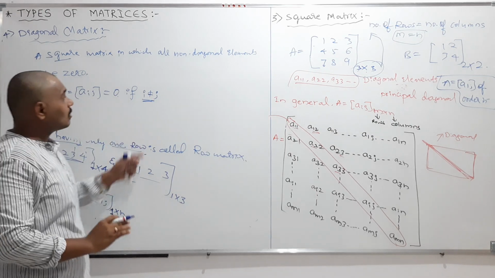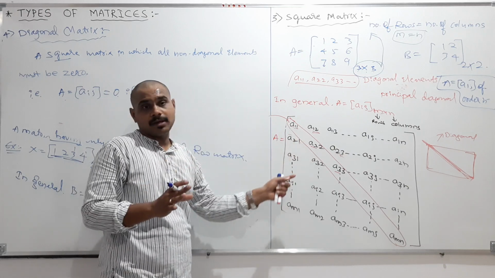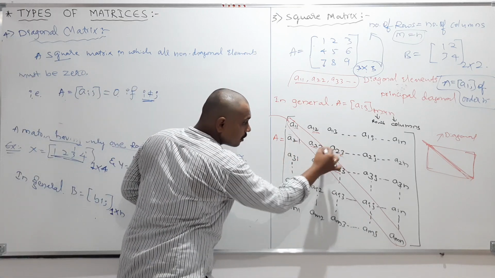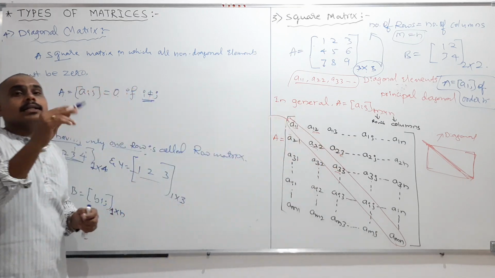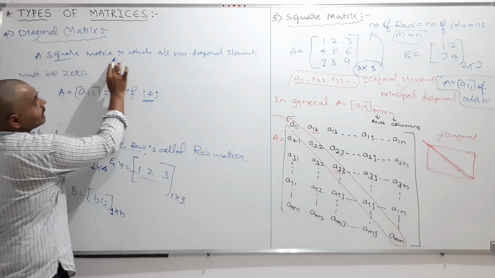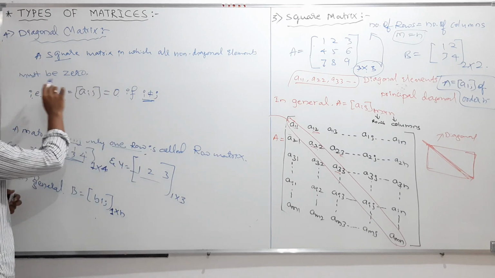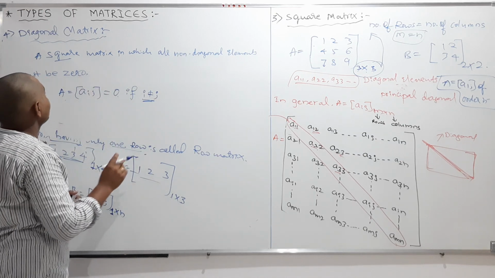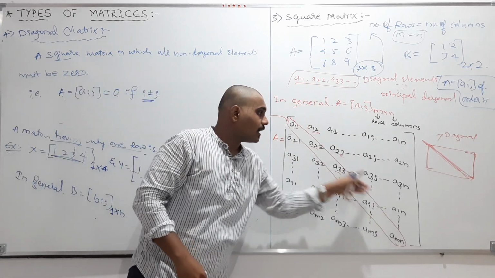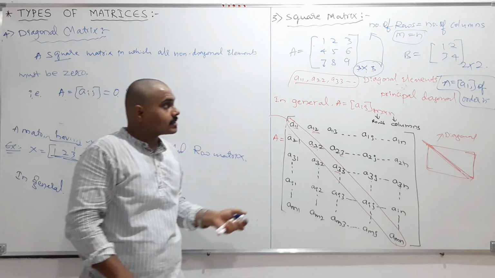The diagonal elements may be 0 or 1, whatever, but the condition is only that the elements above and below the principal diagonal must be 0. So that is a square matrix in which all non-diagonal elements are 0. Non-diagonal means all these values, and we call them the non-diagonal elements.